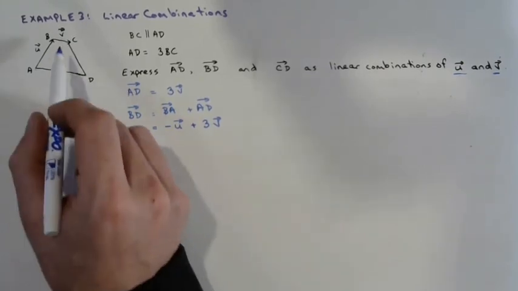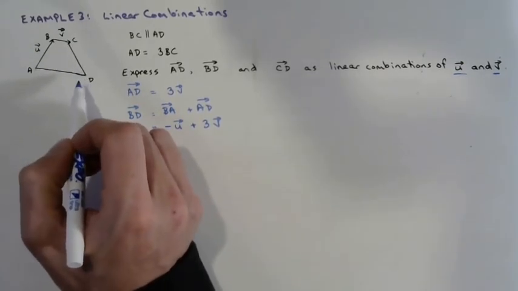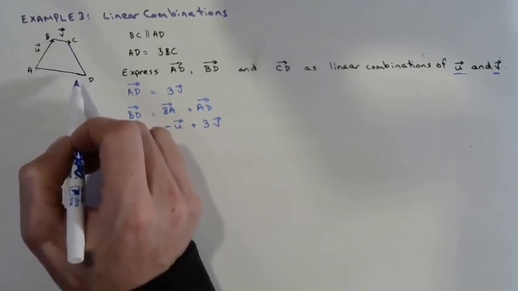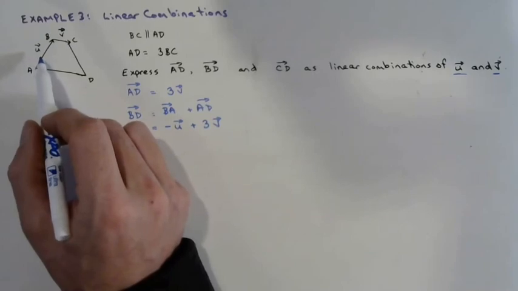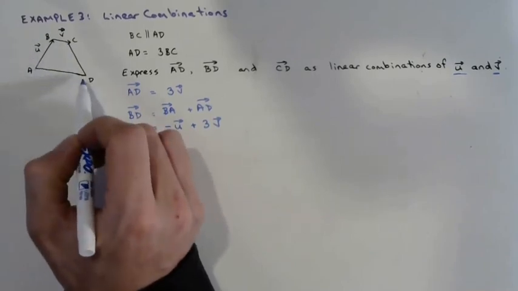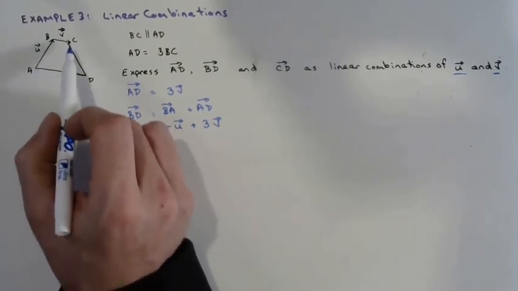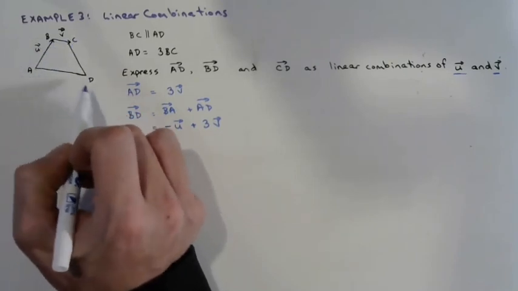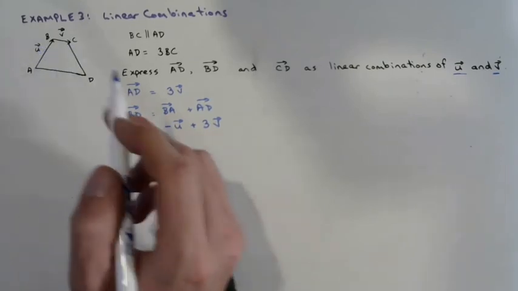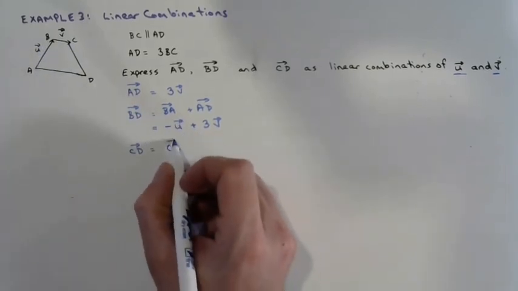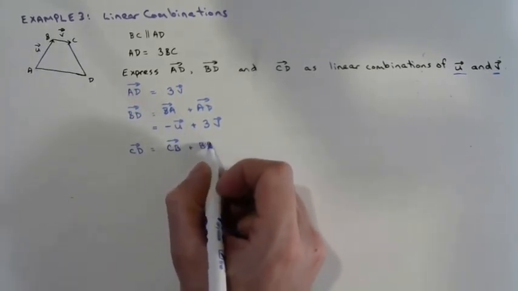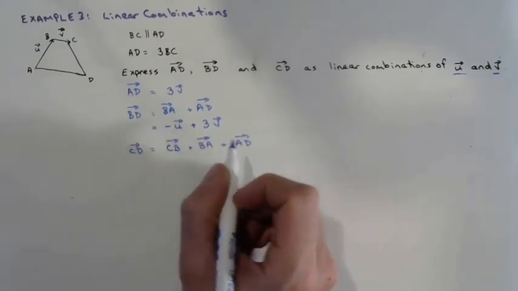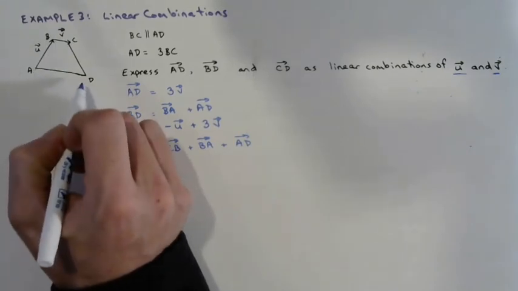All right, let's look at CD. Well, how do we get from C to D using these vectors? Okay, we're actually going to work our way around the trapezoid backwards, because we have an expression for CB, we have an expression for BA, and we have an expression for AD. So CB plus BA plus AD, that will work us in order from tail to head all the way around the trapezoid.